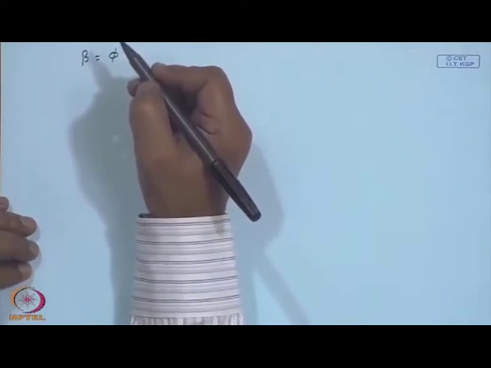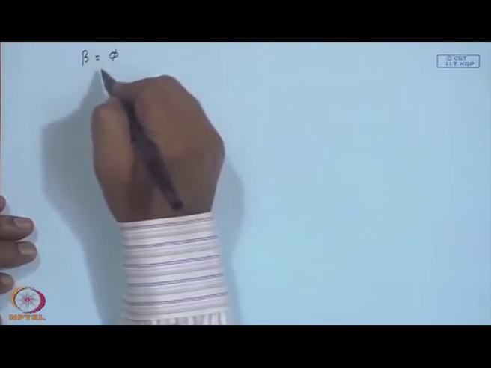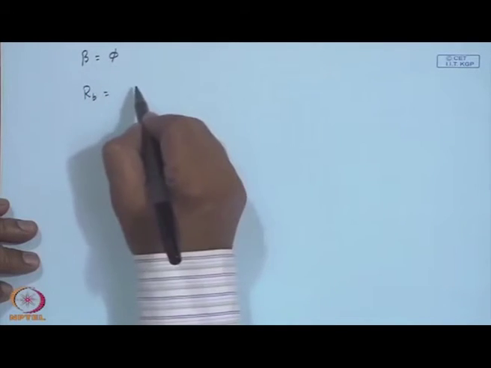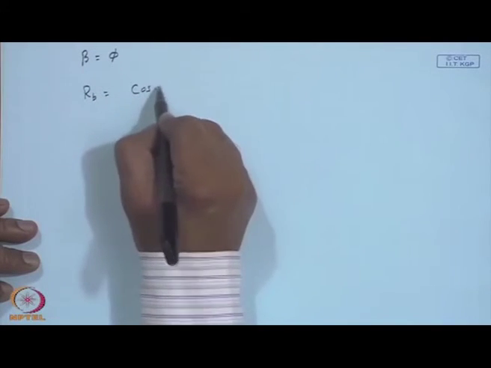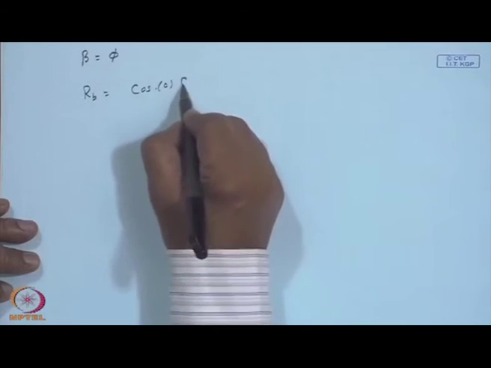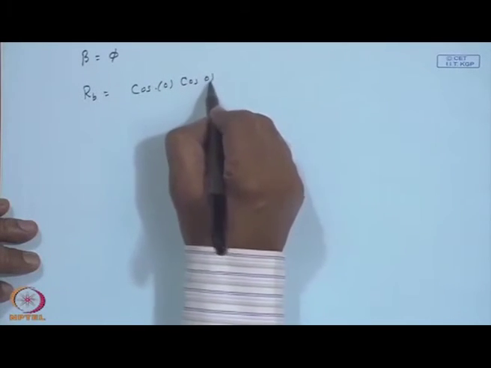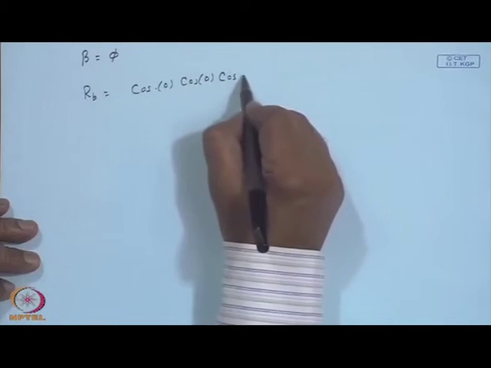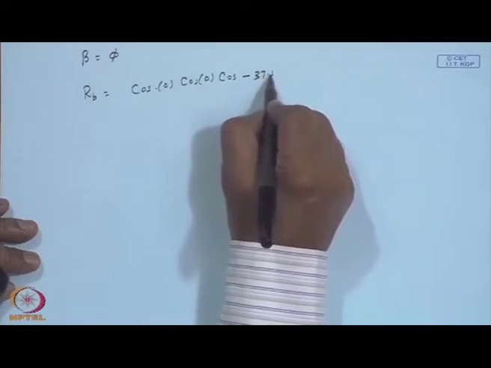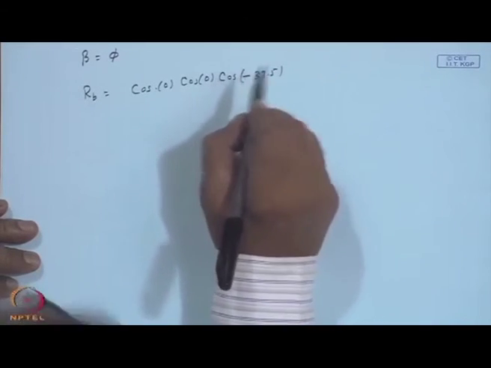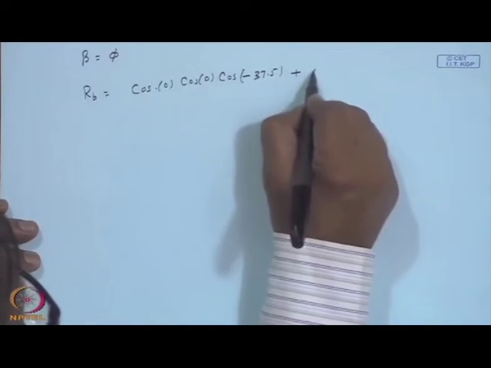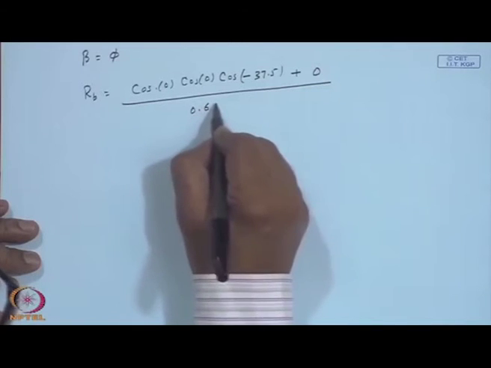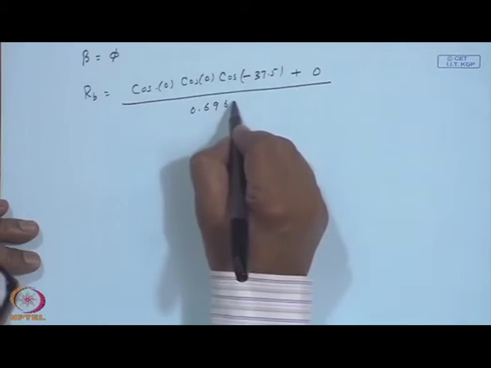So, we are first finishing for delta 0 and this is the second case, then R B will be cos phi minus beta, which is 0, cos delta, which is 0, times cos minus 37.5, that is cos omega, plus of course, the second term vanishes, which will be 0, by the same quantity 0.6968.